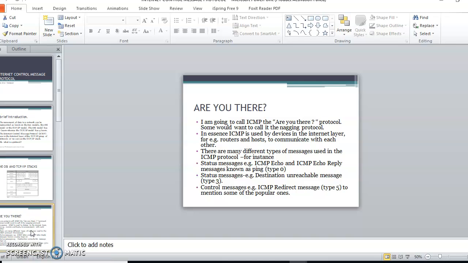For instance, we've got query messages, for example ICMP echo and ICMP echo reply messages, known as ping. We've got status messages, for example the destination unreachable message. We've got control messages such as the ICMP redirect message, to mention some of the popular ones.